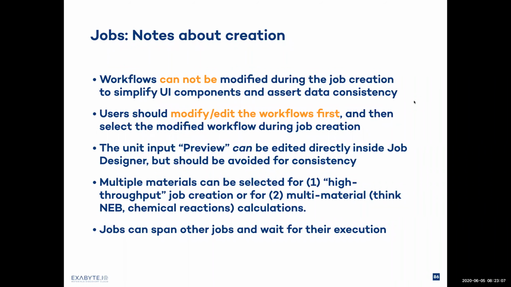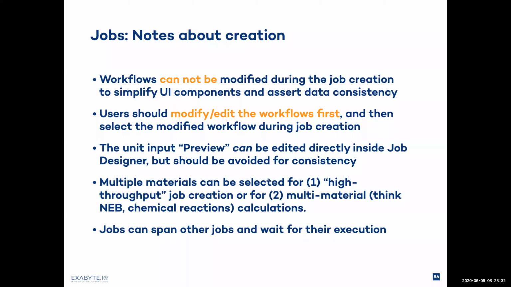The unit input preview allows the users to directly modify the input file inside the job designer. But it should be avoided for consistency because there is no way for us to verify at present that you are actually using the material that is associated with the job and the other metadata that are present inside the workflow, for example.